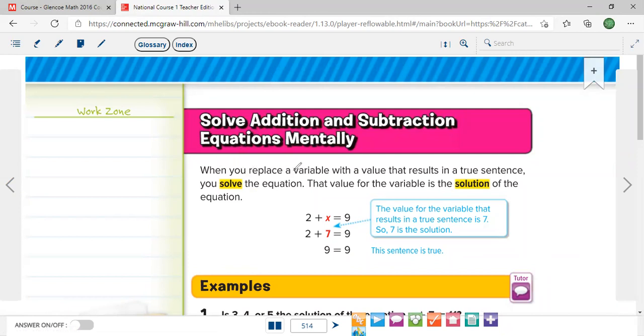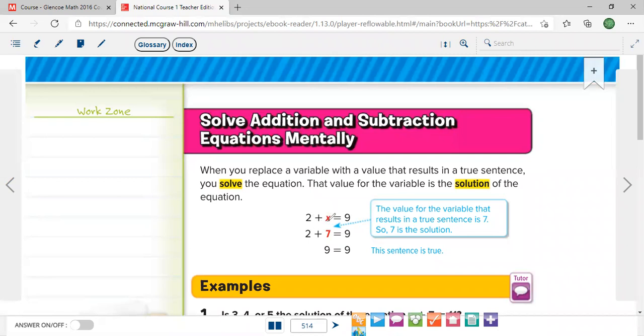So, when you replace a variable with a value that results in a true sentence, you solve the equation. That value for the variable is the solution of the equation. For example, I have an equation because we have an equal sign here. The right-hand side is 9 and the left-hand side is 2 plus x.